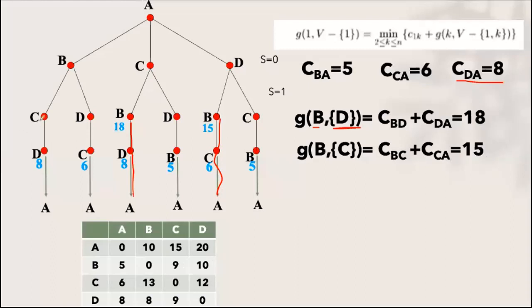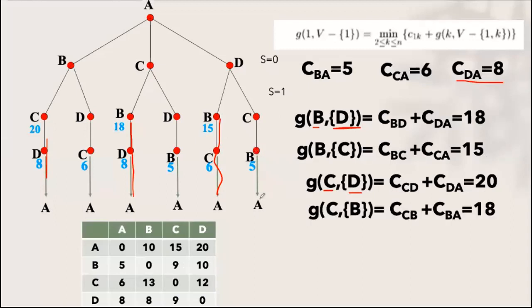Next, cost of C. When you are in C, you can go C to D, D to A, or C to B, and B to A. From C, that means cost of C to D plus cost of D to A, that is 20. Next, cost of C to B plus cost of B to A, that is 18.